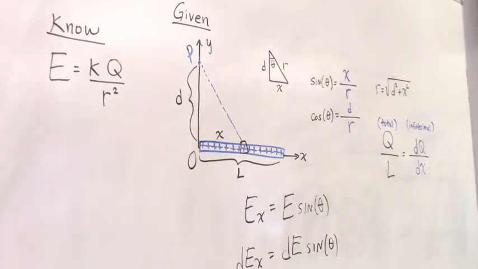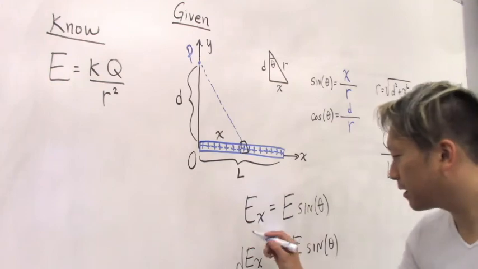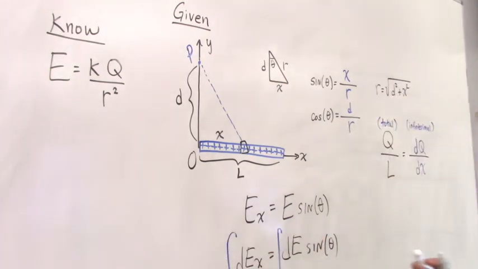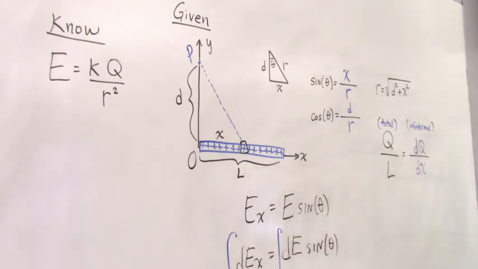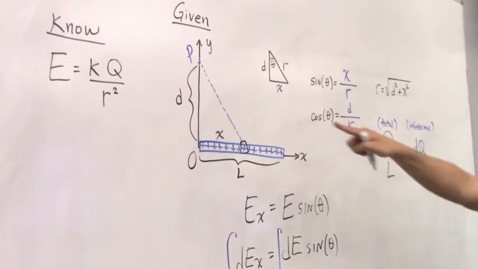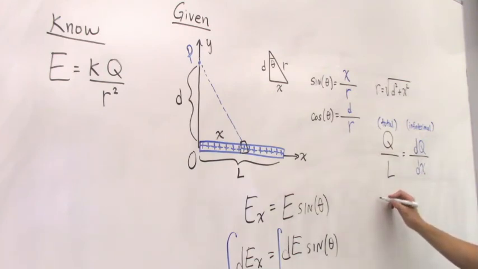Now we're going to integrate both sides. I'm not going to write in limits just yet, and I'm not going to write with respect to what variable. We're going to see how it's going to work out. If I integrate, this is going to get back Ex, the x contribution, but this equals this guy, dE sine theta. Okay, so let's plug in pieces now. Now it's all like a puzzle. So dE, let's write the E equation.